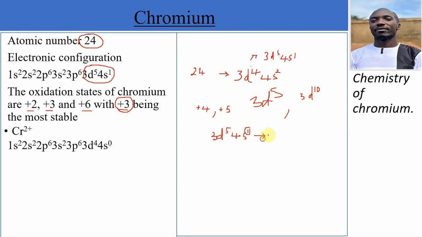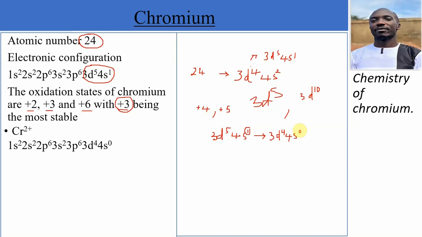So that is why we are having 3d4, then 4s0. We are supposed to write the 4s0 only for revision purposes, to show that in the s sub-energy level there is no electron. But if you are giving it as an answer, then there is no need of writing the sub-energy level without any electron. So therefore, chromium 2 loses 2 electrons.